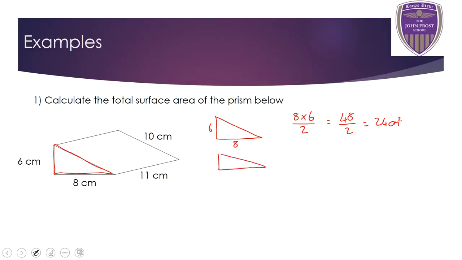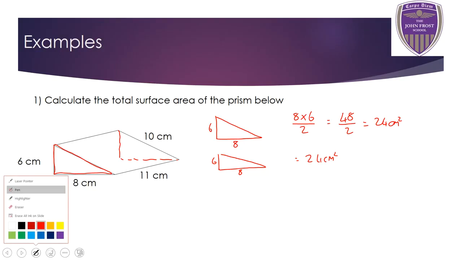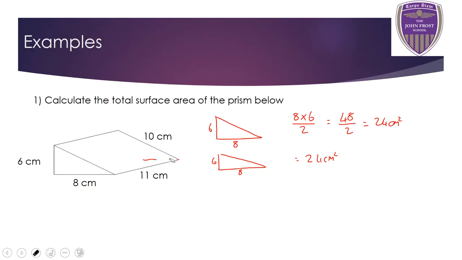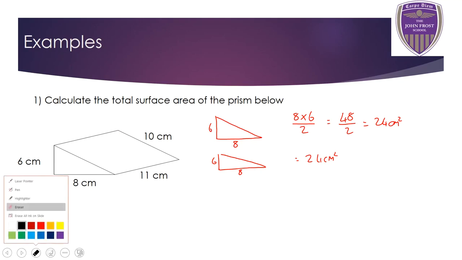Now, we've also got here, which we can't see at the back, but there is also a triangular face right at the back of the shape here. So, again, 8 times 6, we already know that that is equal to 24 centimeters squared. But what else do we know about this shape then? Well, it's got more faces than those two there. So let's have a quick look, see if we can identify some more faces.